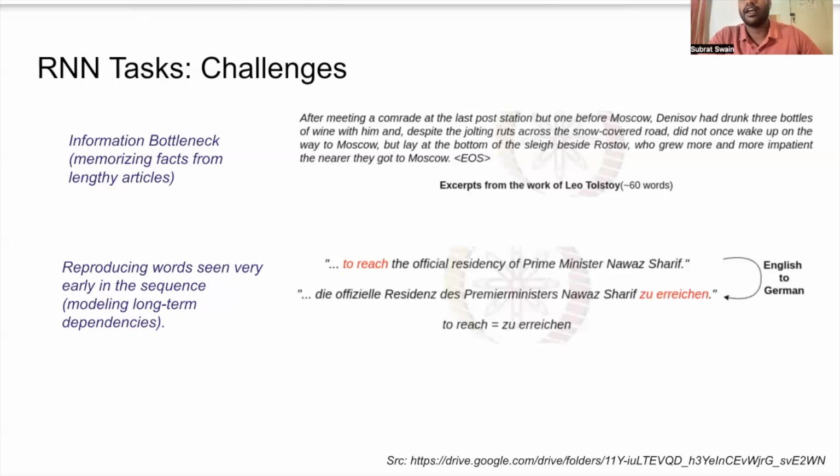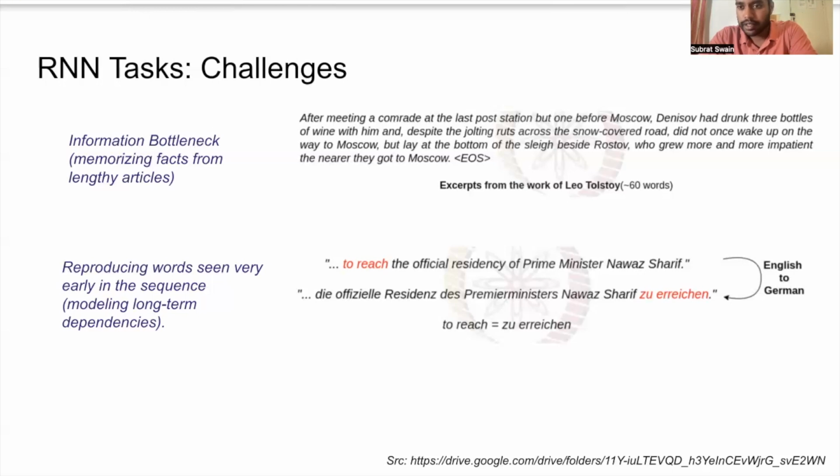So the complete sentence is: to reach the official residence of Prime Minister Nawaz Sharif. And the equivalent German translation would be: die offizielle Residenz des Premierministers Nawaz Sharif zu erreichen.